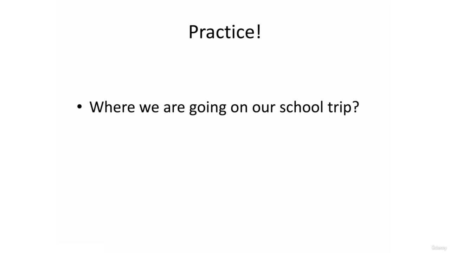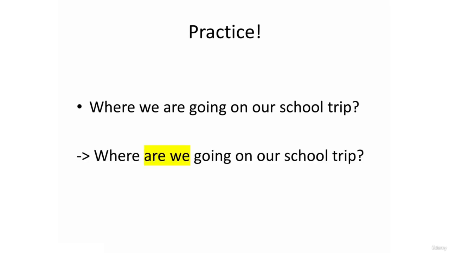Where we are going on our school trip? The correct question is, where are we going on our school trip? Even with a question word like where at the beginning of a question, the auxiliary verb be must be before the subject.